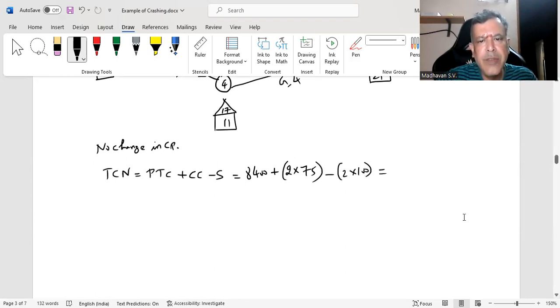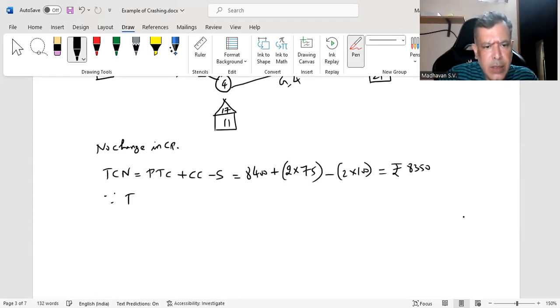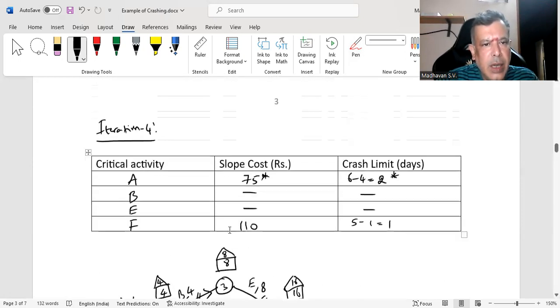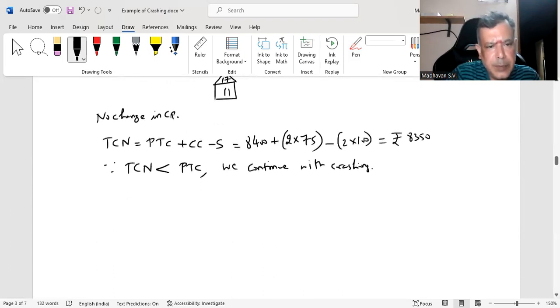Ultimately, we saved around 50 rupees. So this becomes now rupees 8350. Now again, we'll say, since total cost now is lesser than previous total cost, we continue with the crashing. So we proceed to the next iteration, which is iteration number 5.